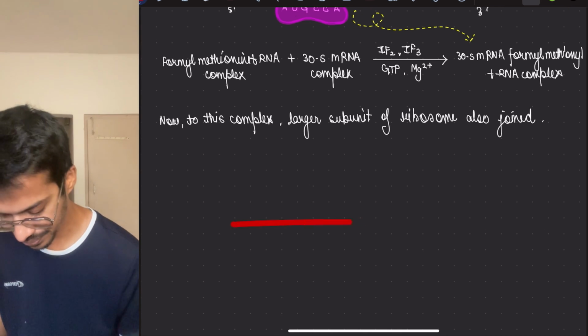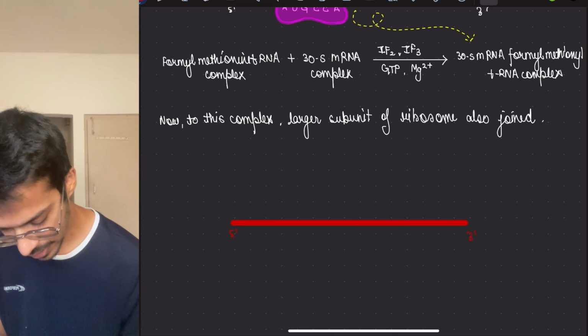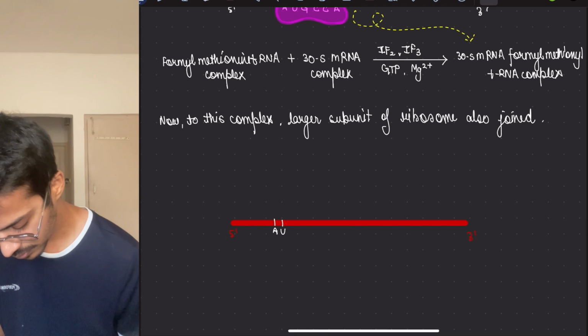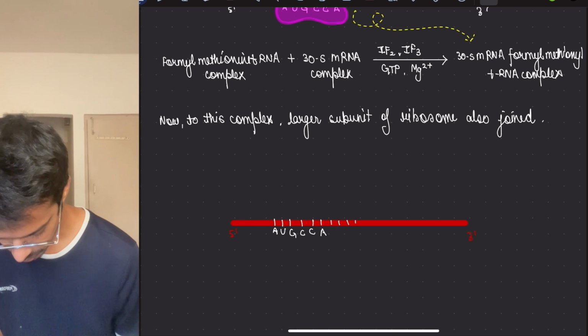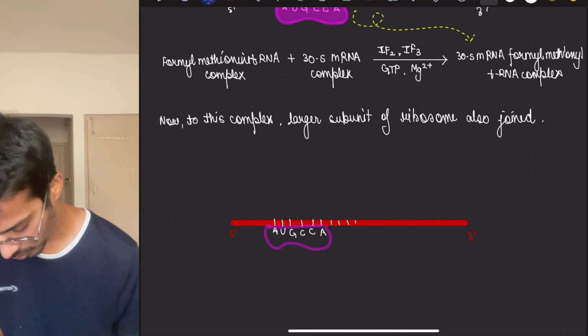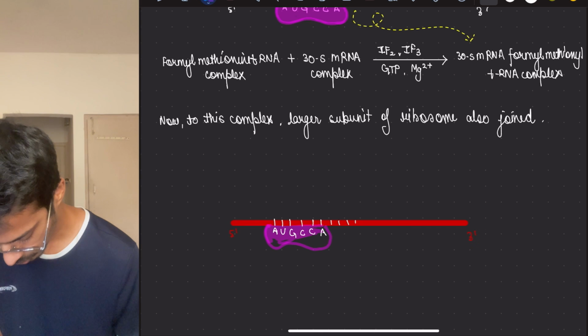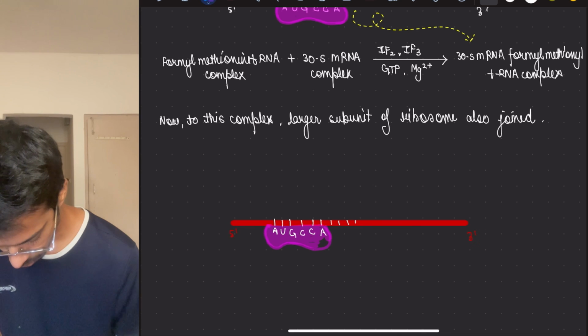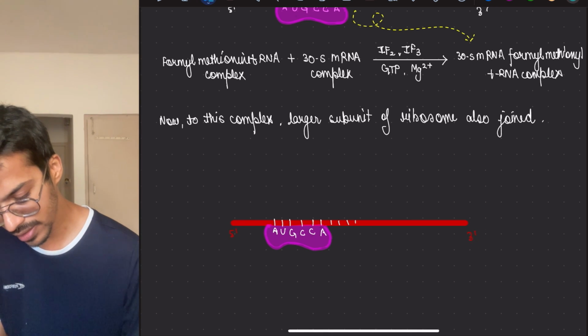Let's make a diagram. This is your mRNA. And here we're going to be making the tRNA that is being joined with it.